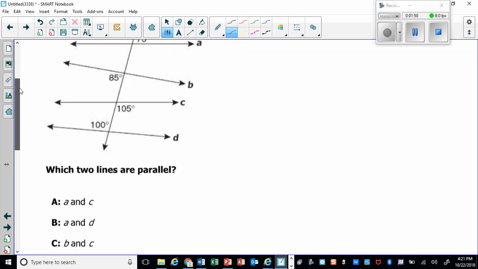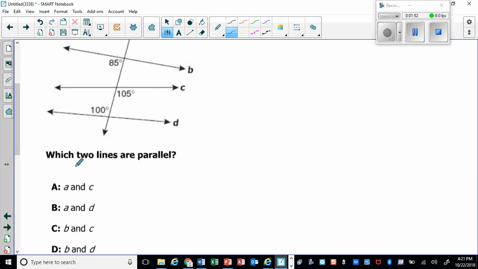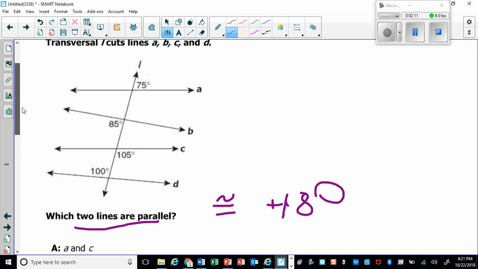Okay. All right, number 2. And again, when we try to do this, it says which two lines are parallel. Remember the formula we say they're either going to be congruent or they're going to add up to 180 degrees. So if you can find a supplement angle or congruent angle, then you guys can use it. In this case, I got 75, 85, 105, 100. So none of them are congruent.